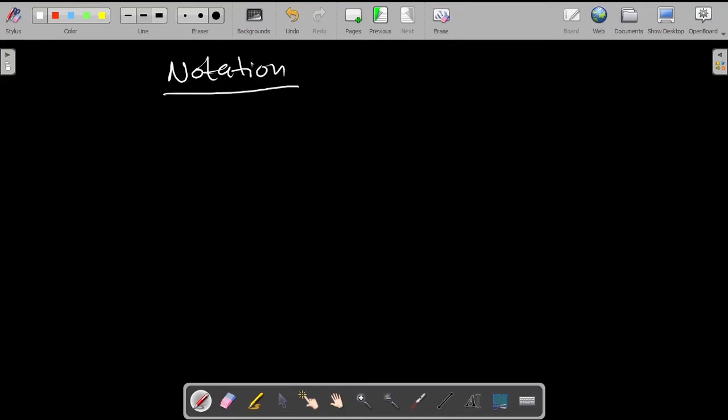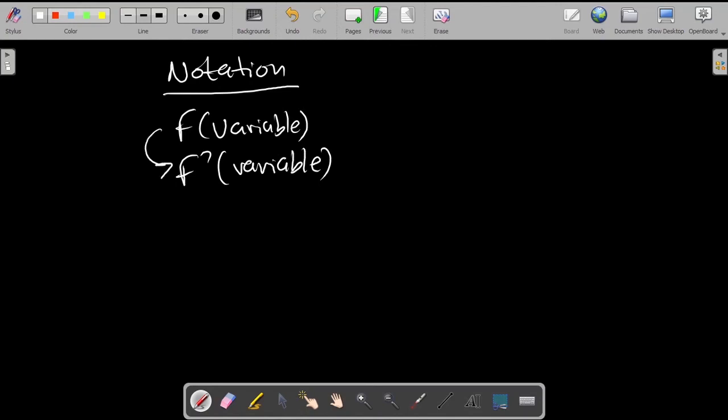So we have a few forms of notation, but the basic principle is that if you have a function of some variable, then your derivative should be with respect to that same variable. So if you want to find the derivative, then you basically use the same variable.